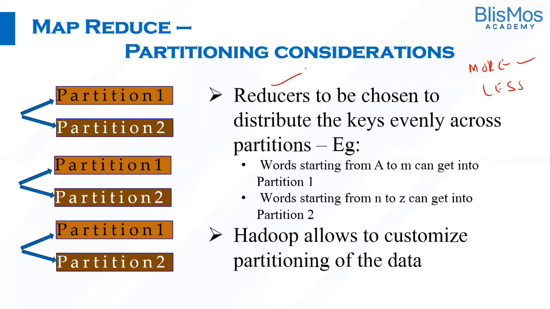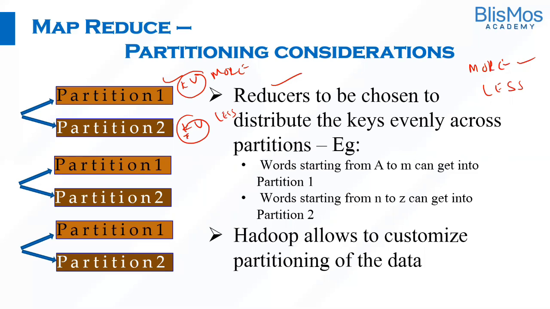But if you have one partition where the number of key value pairs is more, and in this case number of key value pairs are less, again there is an uneven distribution of the work.